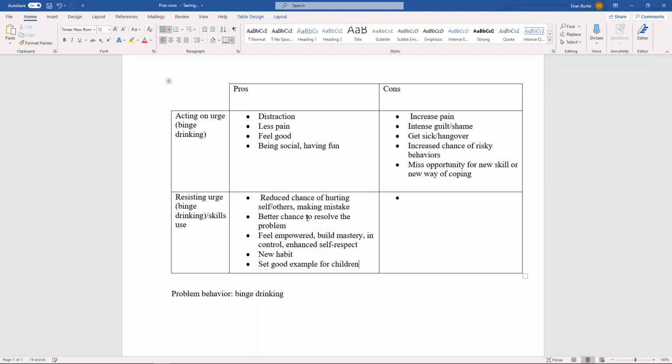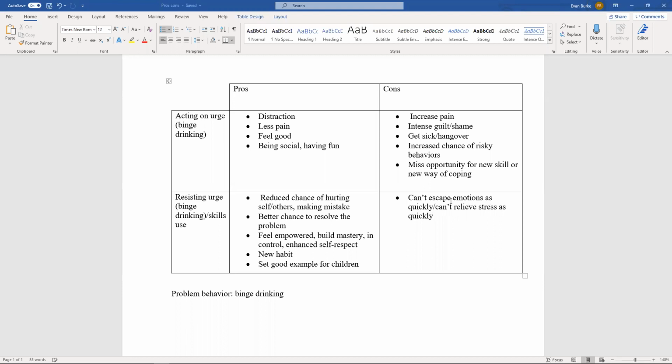Okay, what about the cons here? Drinking may relieve your stress faster. So a con of not drinking would be that you can't escape your negative emotions as fast, as quickly.